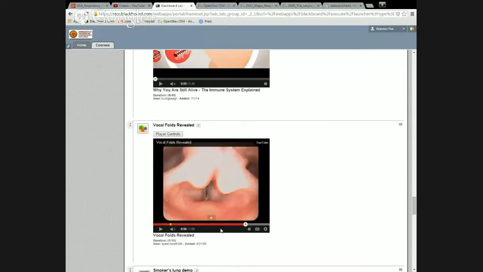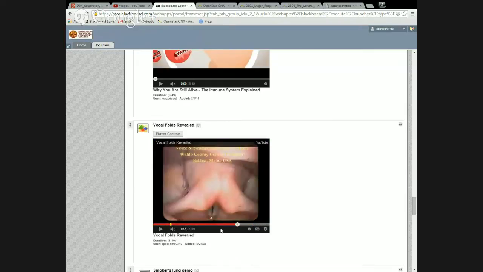So while she's singing, you can see the vocal cords moving back and forth. And also, this is the arytenoid cartilage. You can see that pivoting, especially when she takes a breath. They pivot and it opens the vocal folds very wide, so lots of air can move through.